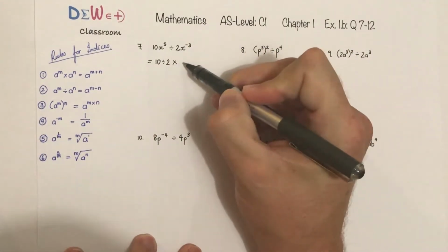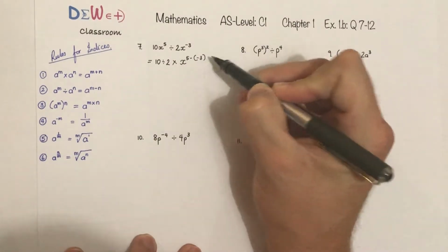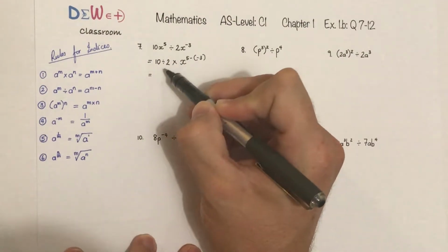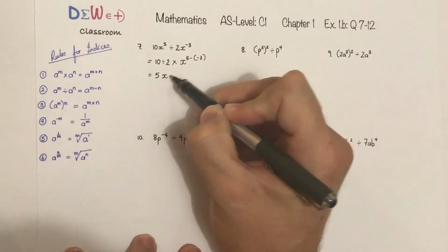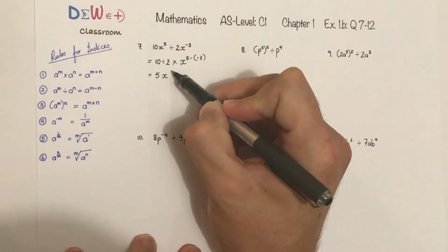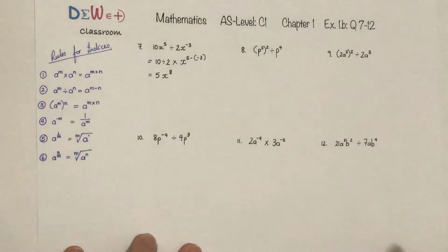So multiply by x 5 minus 3. This will give us 10 divided by 2 is 5. X 5 minus 3 is 5 plus 3, resulting in 8. And that is your final answer.